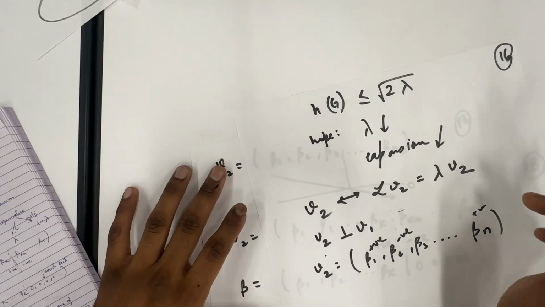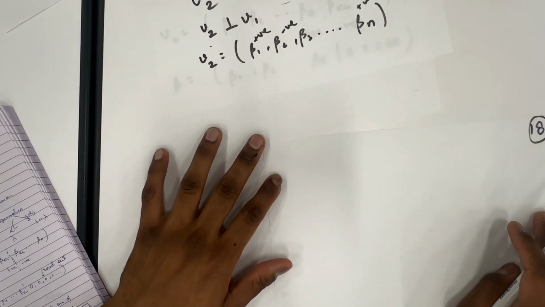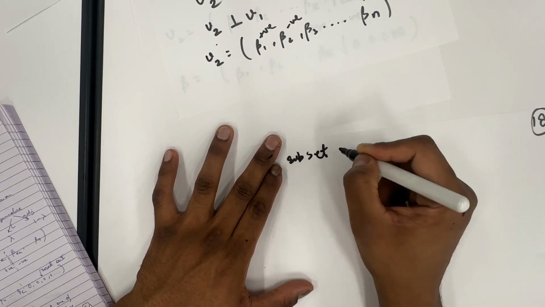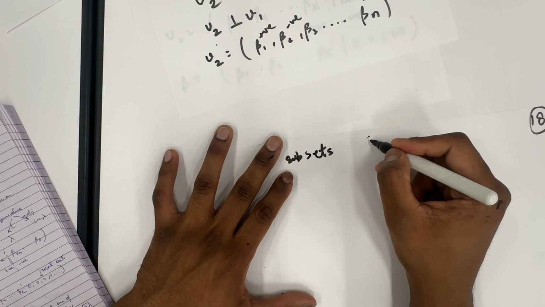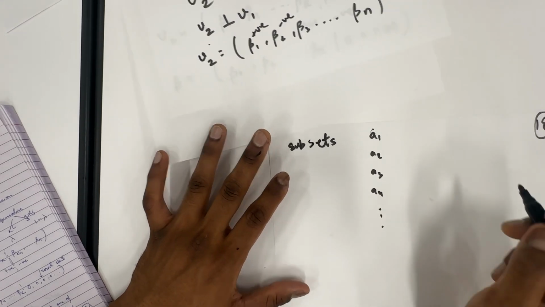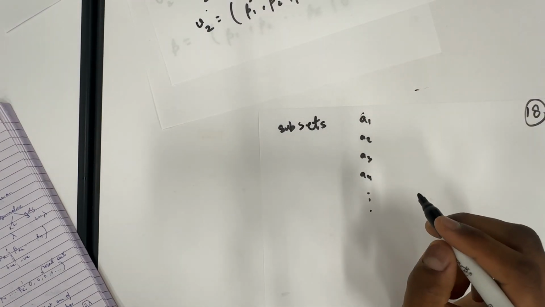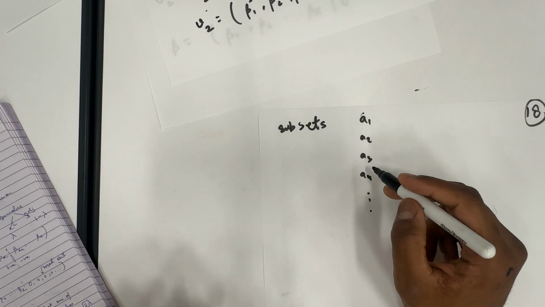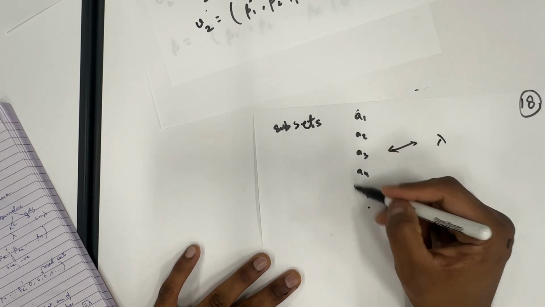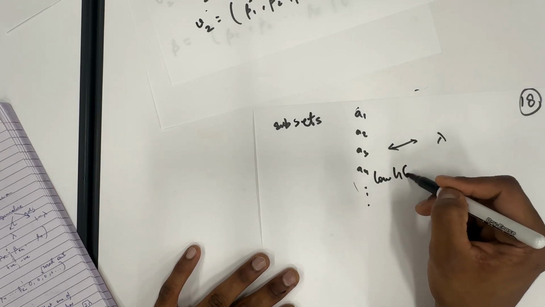What we want to show is that if I can find some subsets of the graph, let's say A1, A2, A3, A4, and so on, then one of these sets has a low expansion, which we can then relate to the lambda value. Some of them, or one of them, has a low h of g.